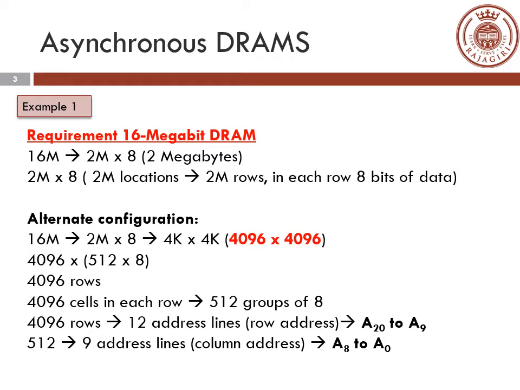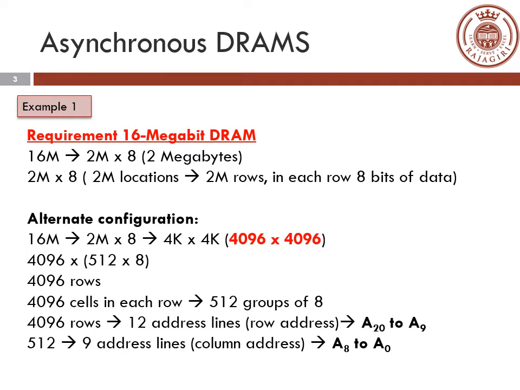So what we are going to do is have an alternate configuration. The 16 megabits can be written as 4K into 4K, that is 4096 into 4096. So in this case you are going to convert this requirement into a square structure, 4K into 4K. Now you take the first 4K, that is 4096 rows, and in each row you are going to have 4096 cells.